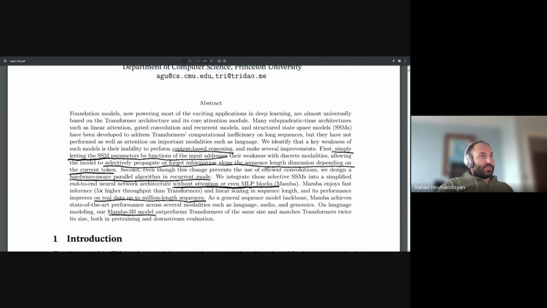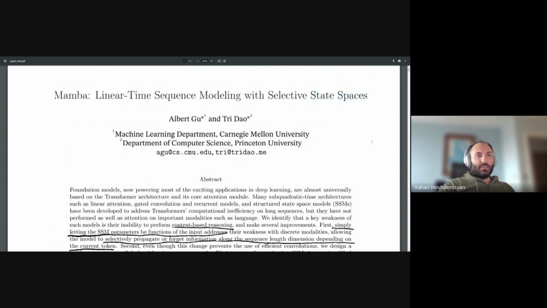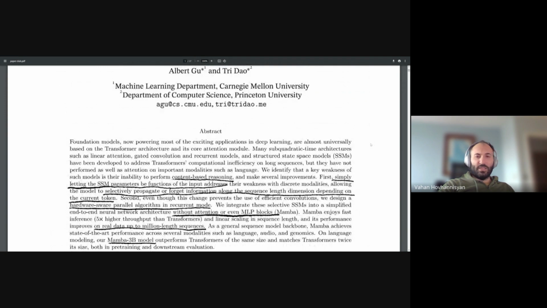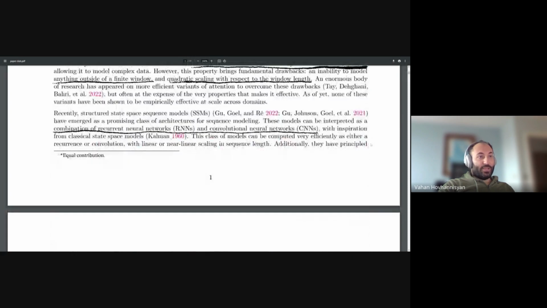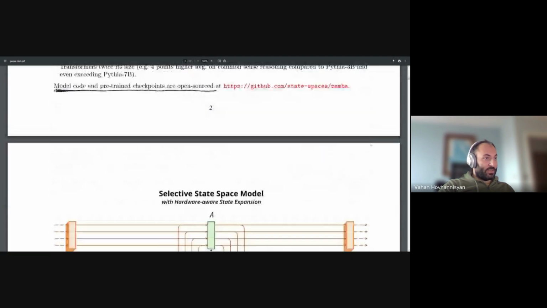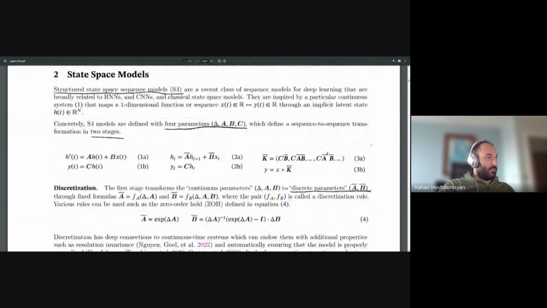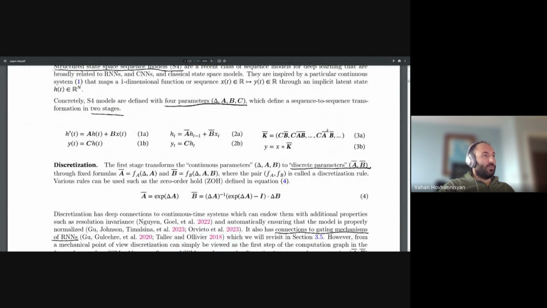Okay, so state space models. If anyone has seen S4, I think there's an S5 now also, those sorts of models. The idea is that, maybe I can find the formula here and start from that. There's a nice little formula here. For a moment, just think of A and B as training parameters. You have a sequence.